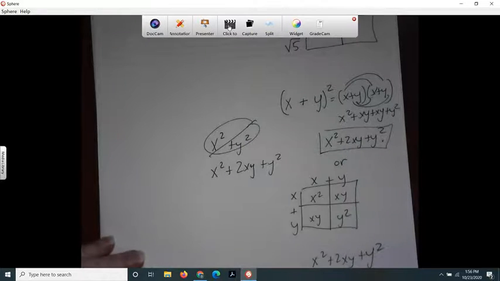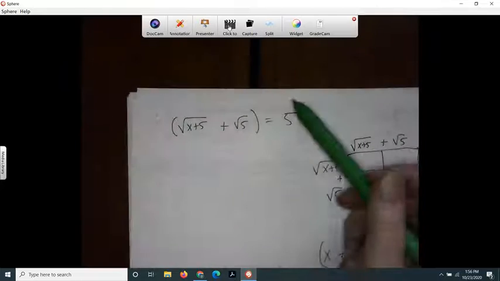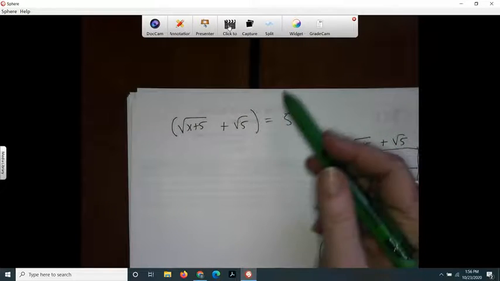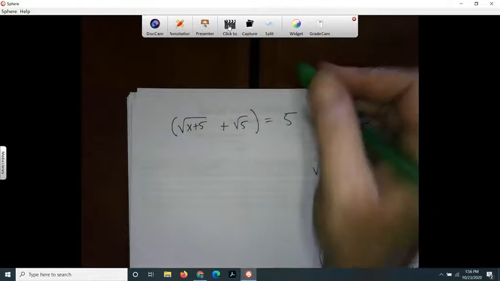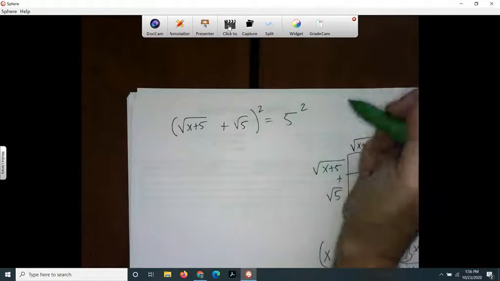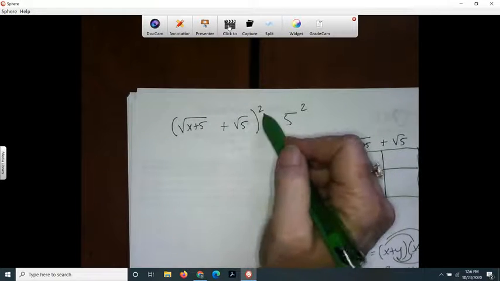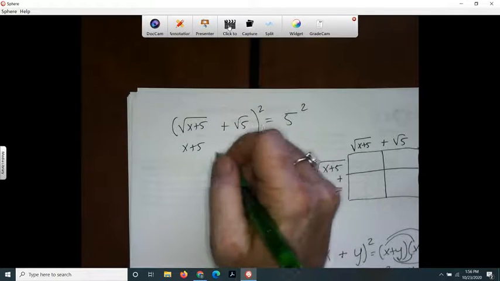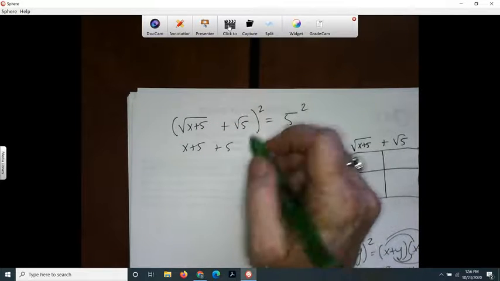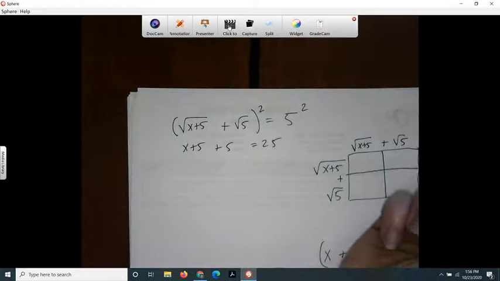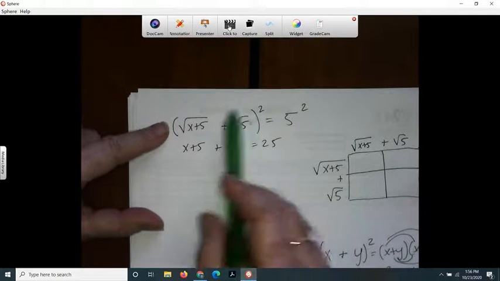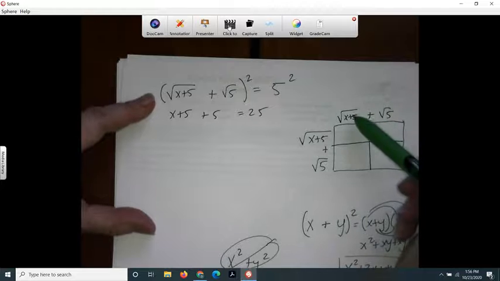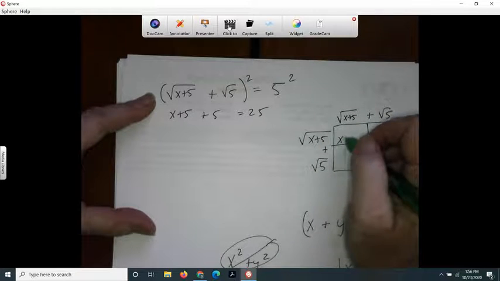So some of you thought it would be okay to just square both sides like this. You say, okay, I square this and it's x plus 5, I square this, 5, and I square this. That's not true. Squaring this would give you something horrible. This times this would be x plus 5.